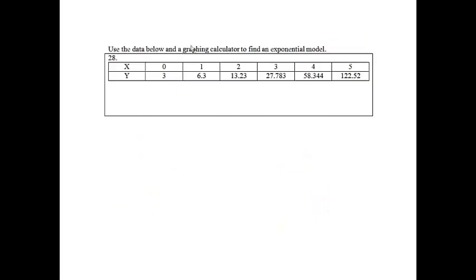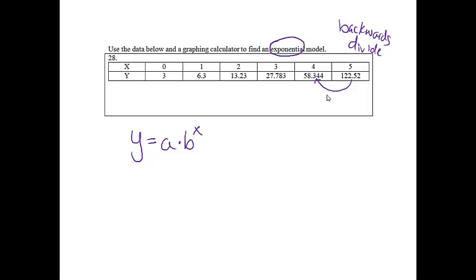28. Use the data below and a graphing calculator to find an exponential model. All right, usually we have to check for this, but it does say exponential, so I can automatically know that I'm going to get y equals a times b to the x. And if I'm looking for an exponential model to figure out my growth rate, I'm going to have to backwards divide. When I take 122.52 divided by 58.344, we are going to get 2.1.